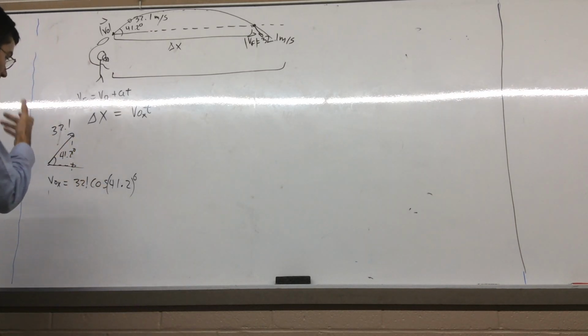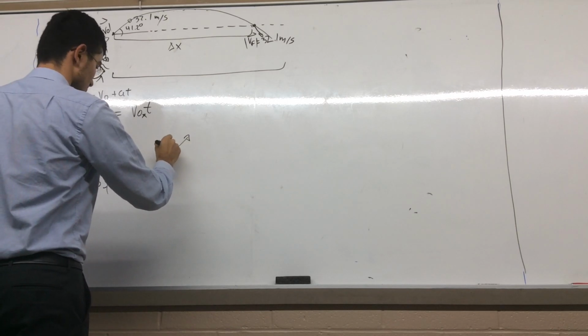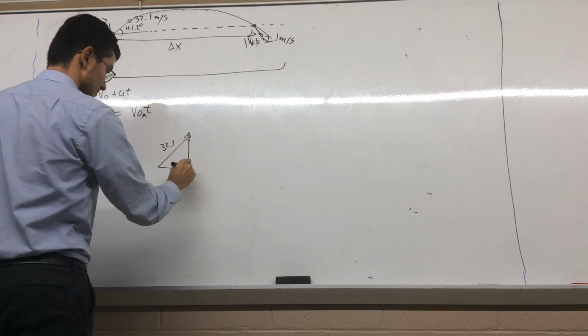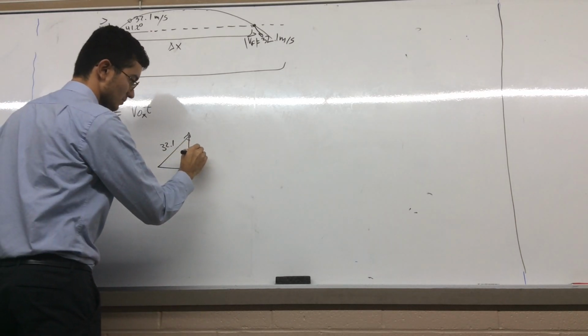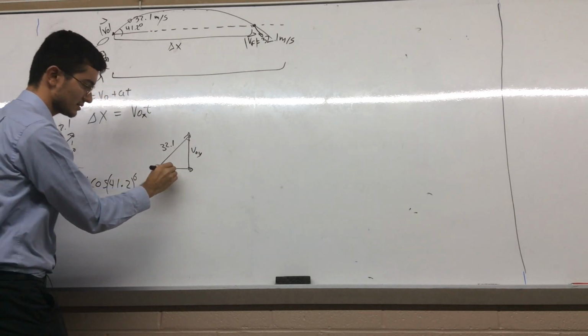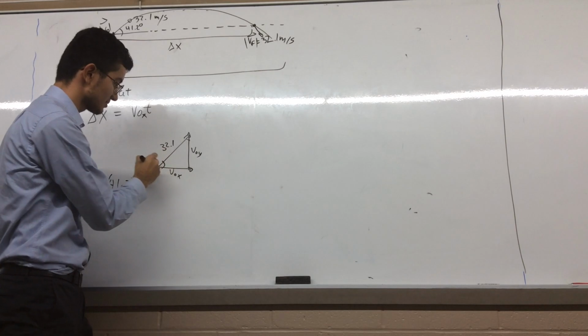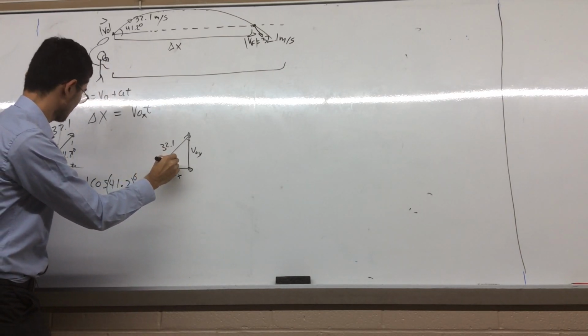But the reason for that is because look at this. We have a right triangle, right? 32.1 is the magnitude of the velocity. This is v0y, and this is v0x. This is the angle theta, which is 41.2.